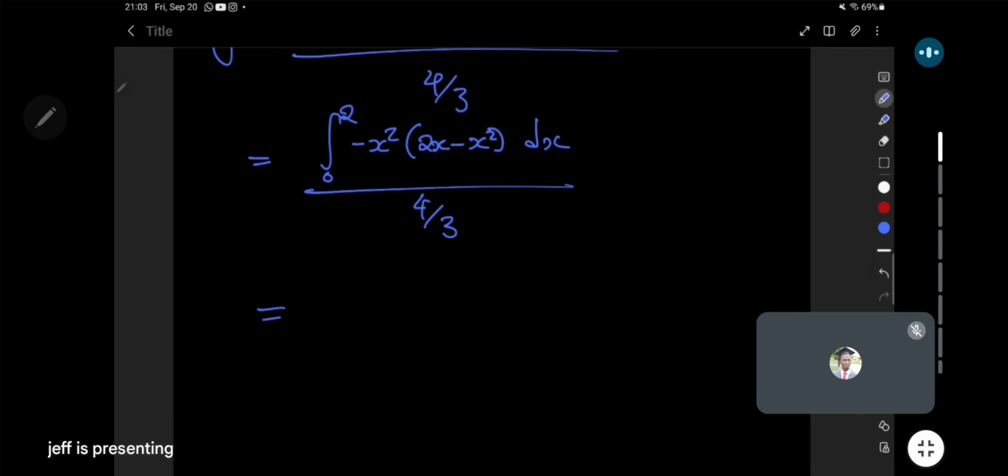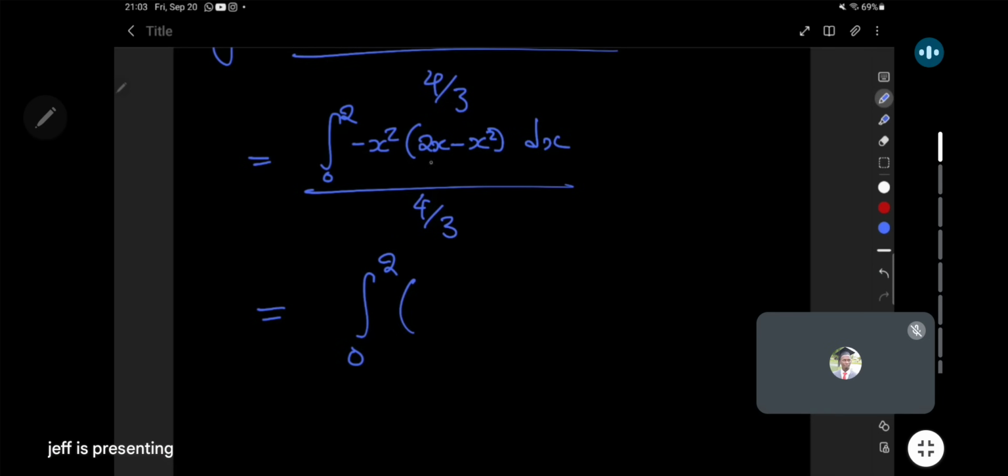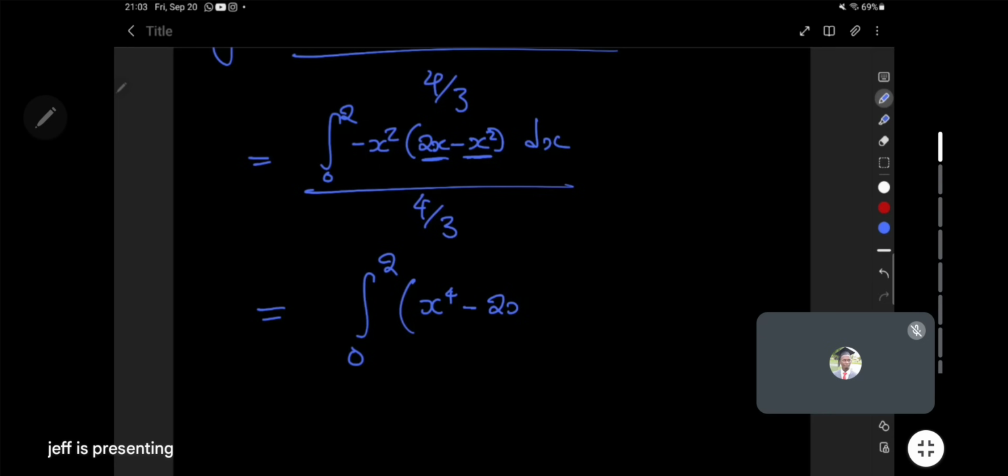Okay, so this will be the integral from 0 to 2. The x squared will become the positive one, so it will be x to the power 4. And then the 2x will now be the negative one as it becomes x to the power 3 dx over 4 over 3.